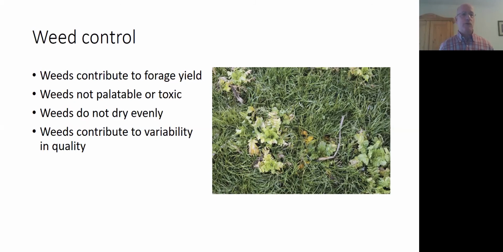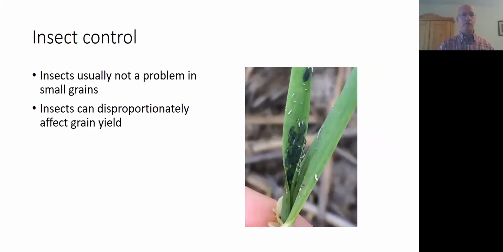And so if you have this uneven dryness, it's really not something that's desirable. And the other big thing is that weeds contribute to variability and quality. And so that's a reason to control weeds, even though by controlling weeds, you may reduce forage yield.